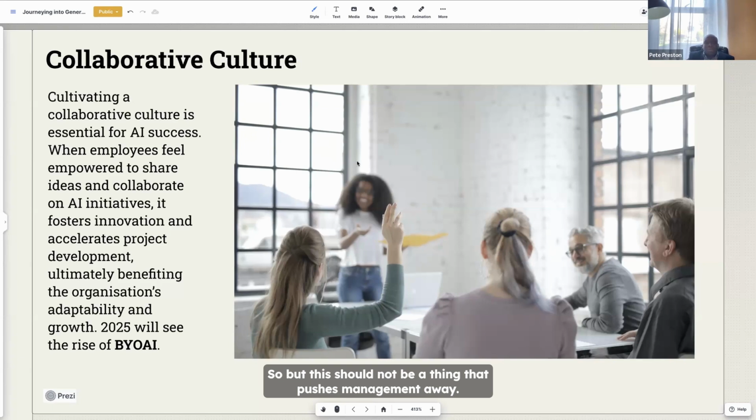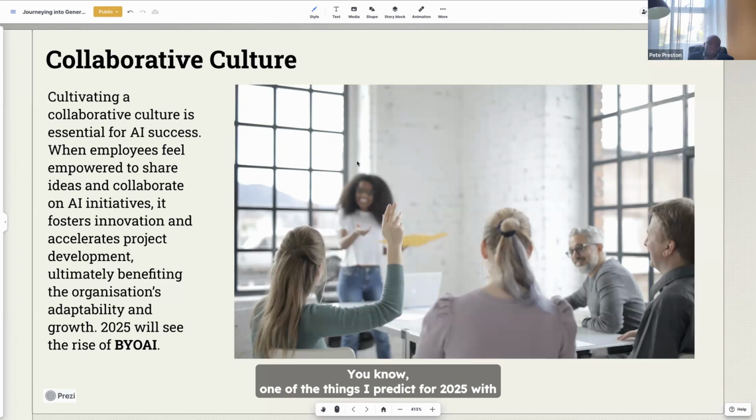But this should not push management away. Management should encourage this, involve real education, open chat, and dialogue to dig into how this will transform their companies and also allow them to see the benefits.